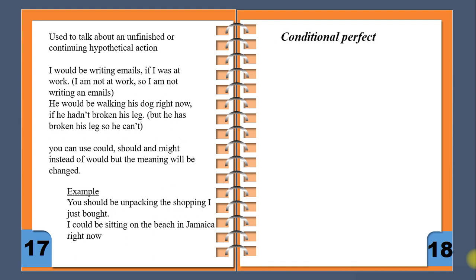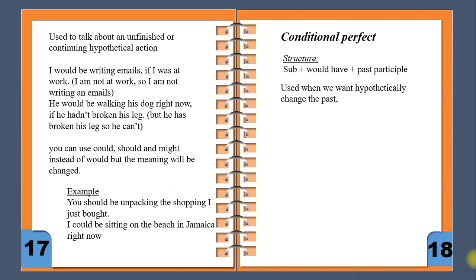And the other one is the conditional perfect. Structure: subject plus would have plus participle. It's used when we want to hypothetically change the past, and we talk about what we would have done.